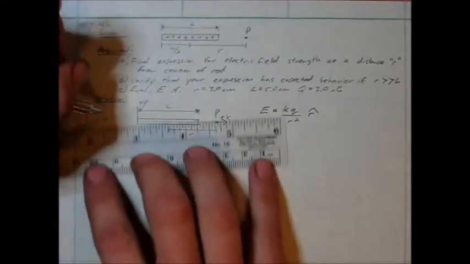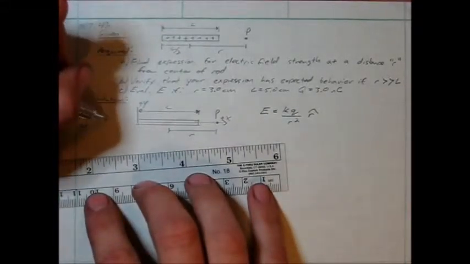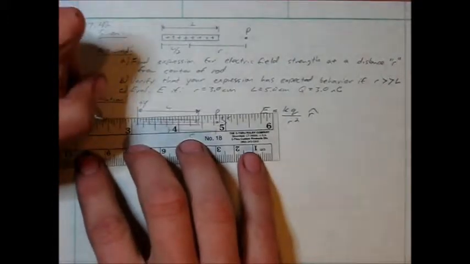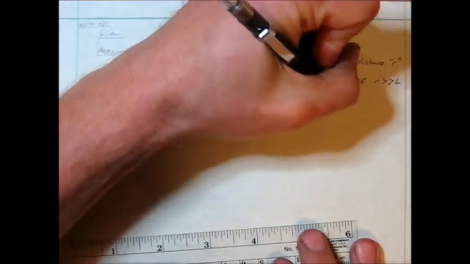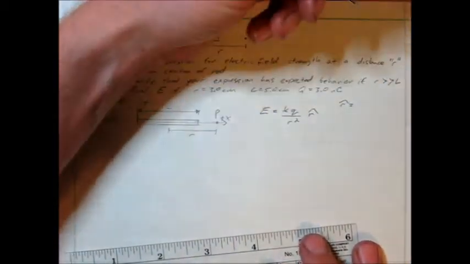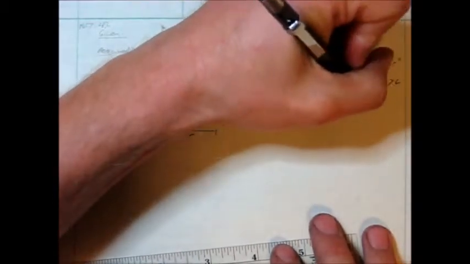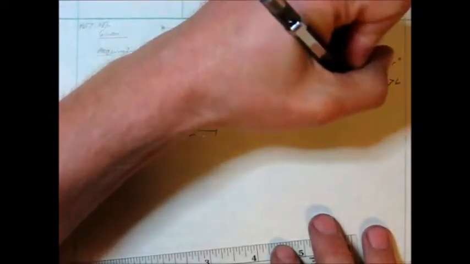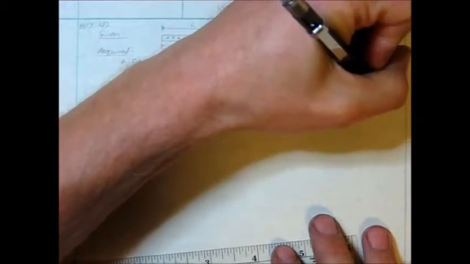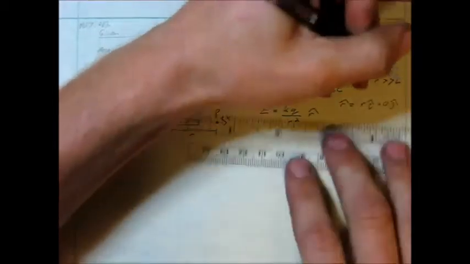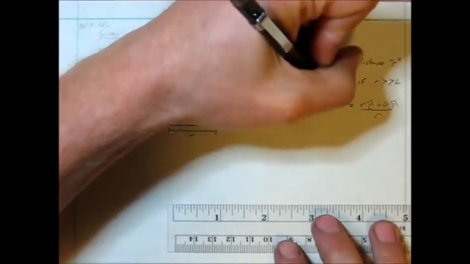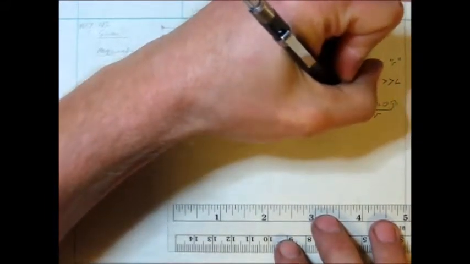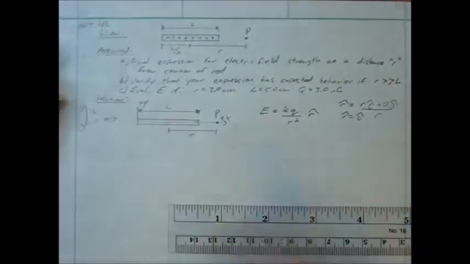They all kind of cancel out. The y's cancel out, and you end up with just the x. So really R hat is equal to R I hat plus 0 J hat, all over R, which means that R hat equals just I hat, the x direction.